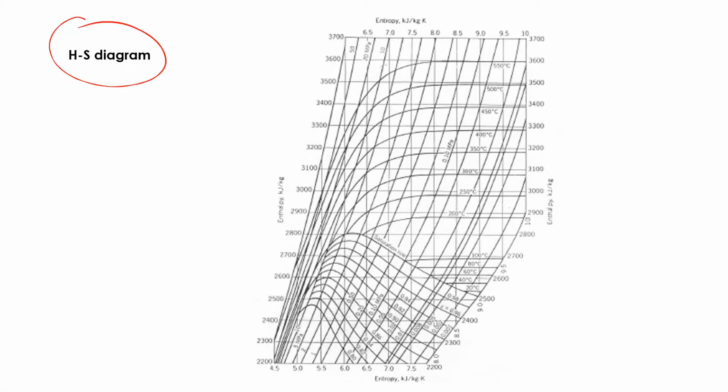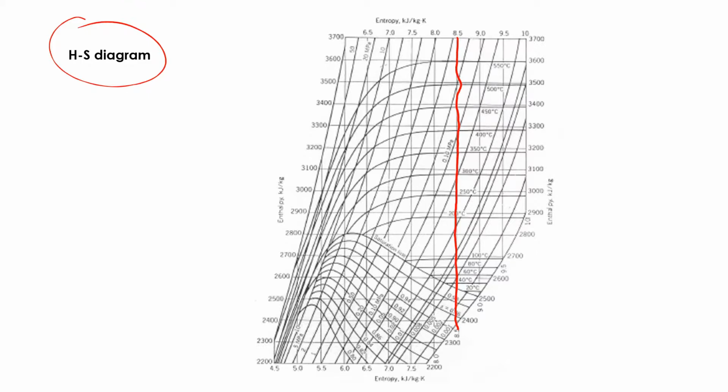The straight line, for example this one, I'll give you an example. These are the isentropic lines. So basically, along these straight lines, the entropy of the system is the same.